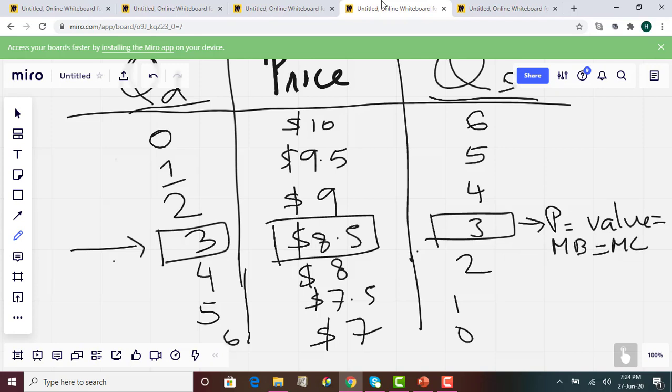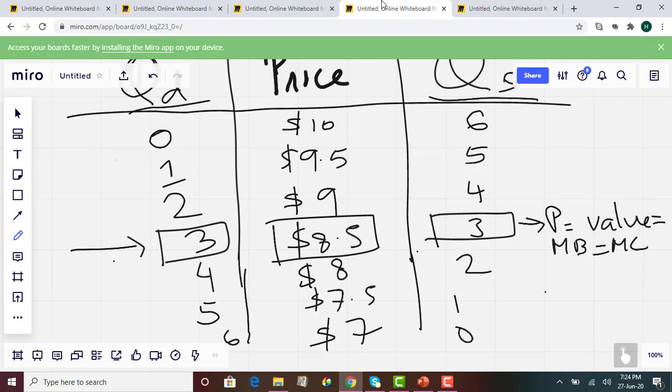So at $8.5, the market is in equilibrium, quantity demanded is equal to quantity supplied, the price that consumers are paying will be equal to the additional satisfaction that they are receiving, and the price that suppliers are receiving will be equal to their marginal cost. So this is the equilibrium situation.